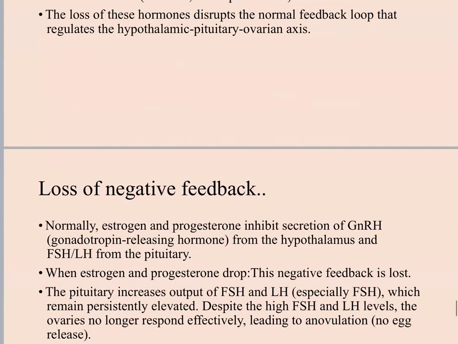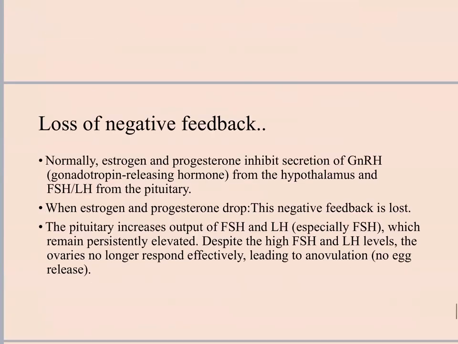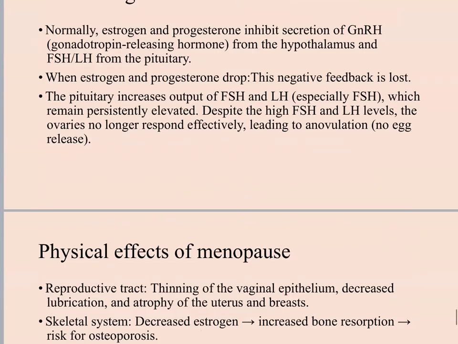So when we lose those hormones, this whole negative feedback loop gets disrupted with the hypothalamic pituitary ovarian axis. And normally, estrogen and progesterone would say, okay, we don't need any gonadotropin releasing hormone. We don't need any FSH and LH. But when those are gone, the feedback is lost.